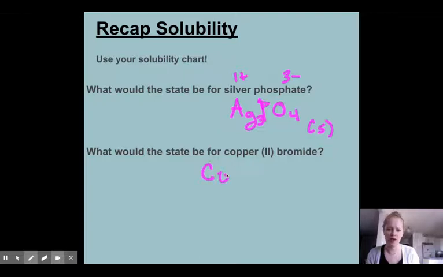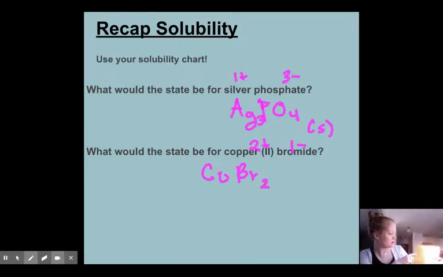Okay, the next question, copper 2. So that 2 does not tell me that there's 2 of them. It tells me there's a charge of 2, which helps me balance. Bromide has a charge of 1 negative, so I would actually need 2 bromides. So check the state. I am looking for bromide, my anion, so Br 1 negative, and I'm going to find copper 2 positive.